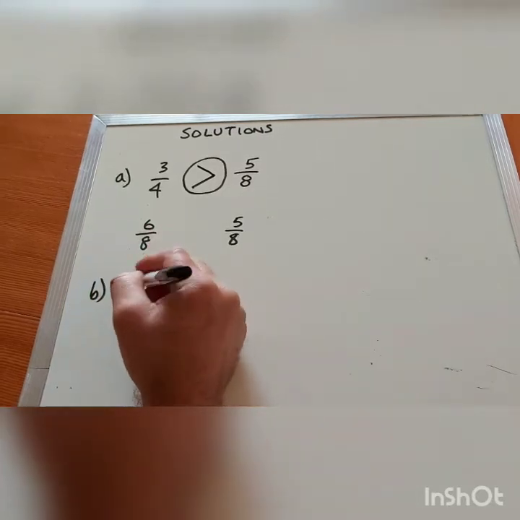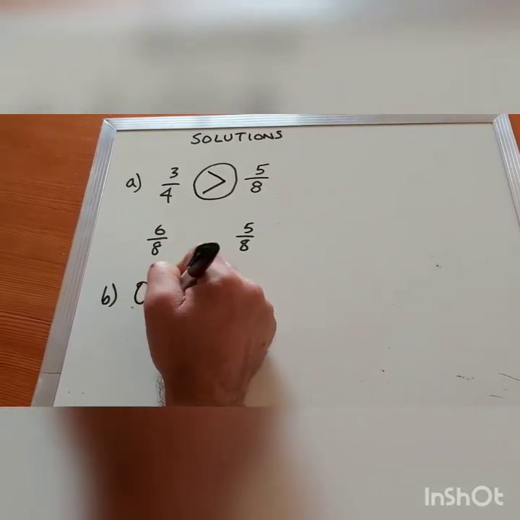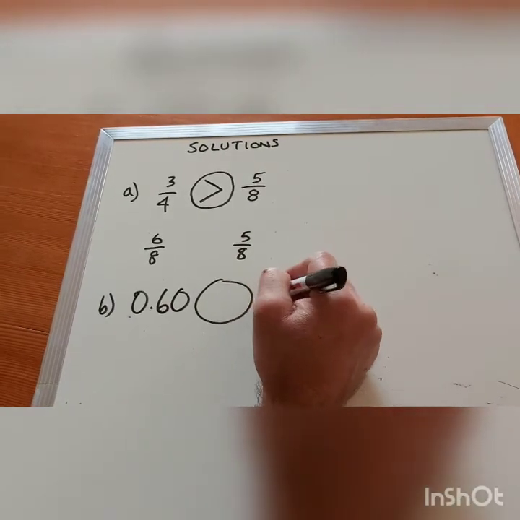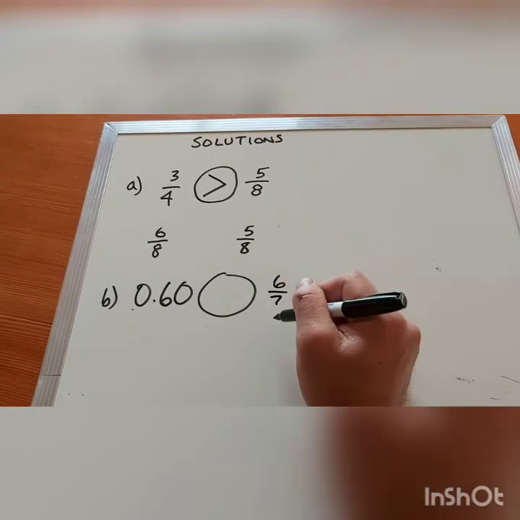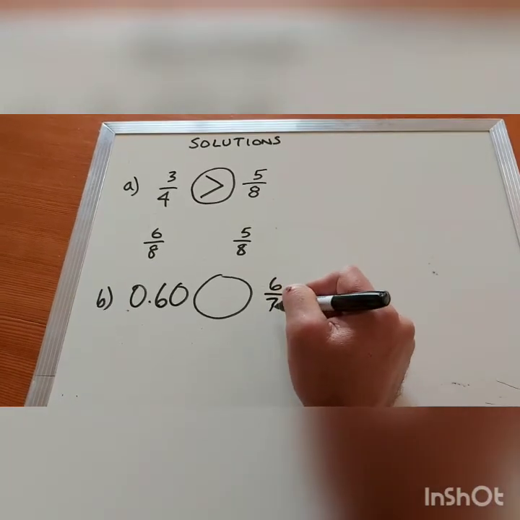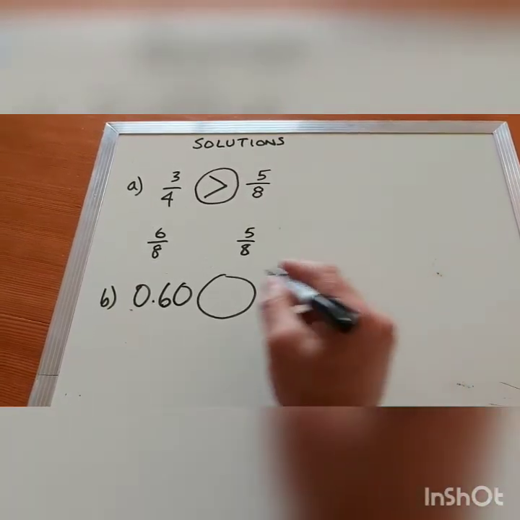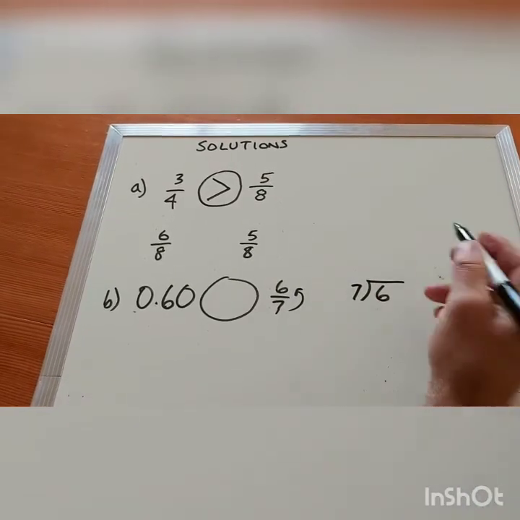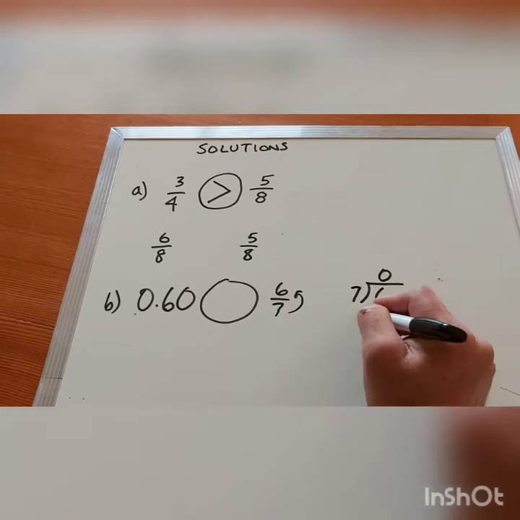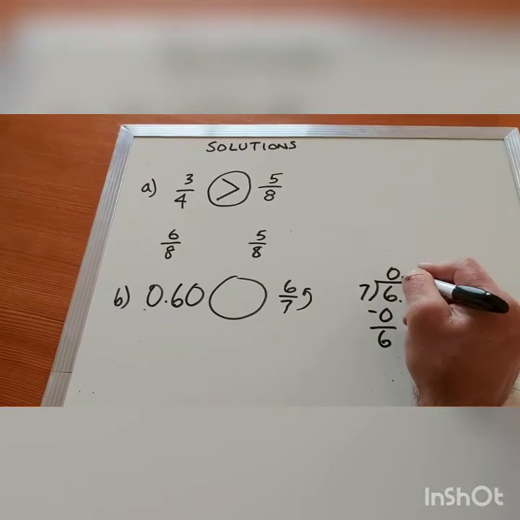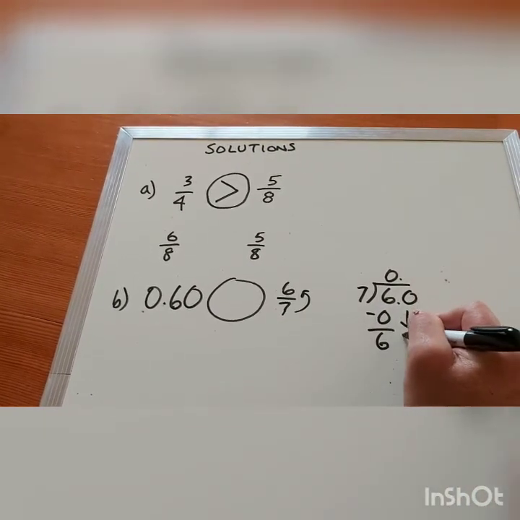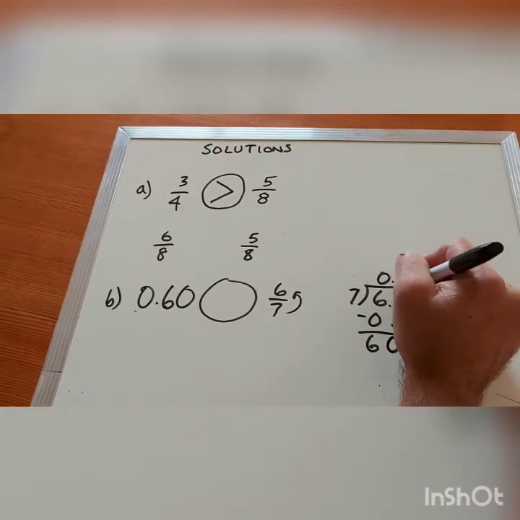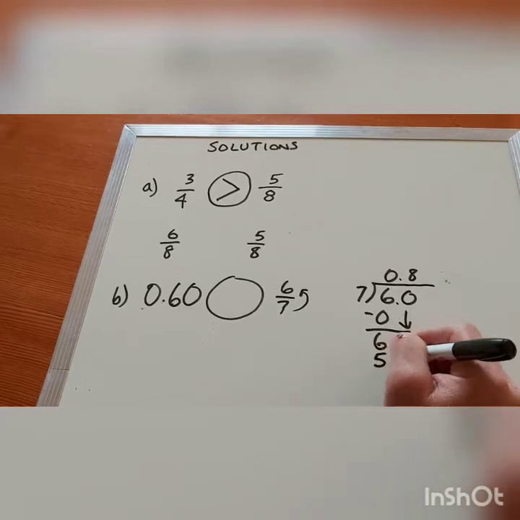For question B, I have on the left 0.60, and we're comparing that to 6/7. In order to compare this, I'm going to divide the denominator into the numerator to see which will be larger. 7 into 6 is not possible. We add our decimals, we bring our 0 down. 7 into 60 goes 8 times. 8 times 7 is 56.